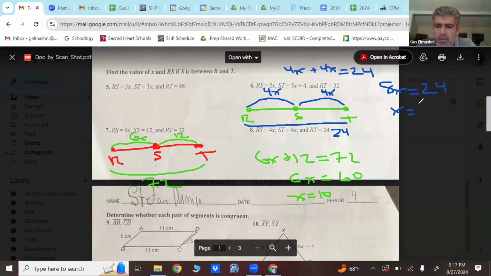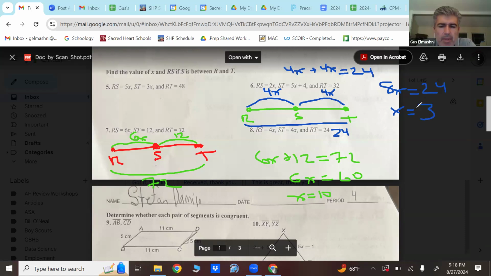So x equals, hold on, let's say 8. 8 times what gives you 24? What's 24 divided by 8? 24 divided by 8 is 3.